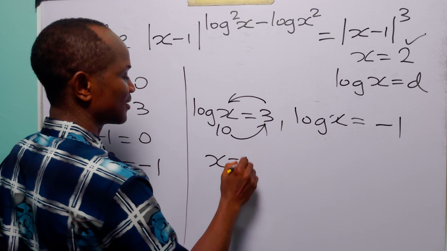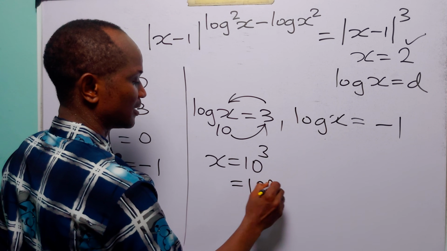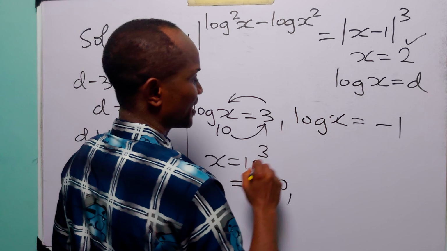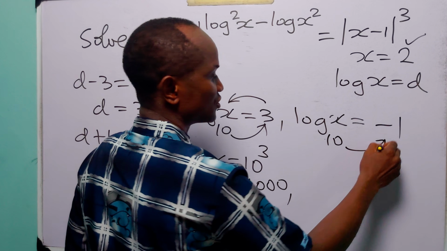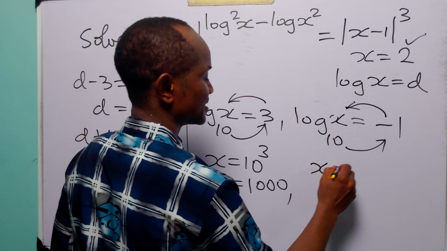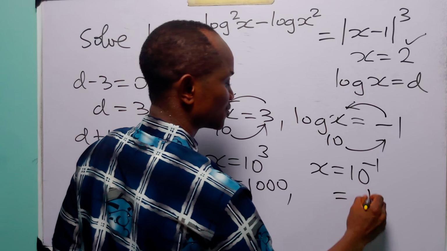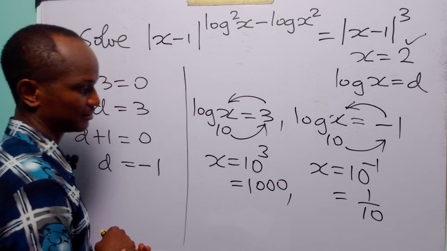So x is equal to 10 to the power 3. That is 1000. From here, we have that 10 to the power minus 1 is equal to x. So x is equal to 10 to the power minus 1. That is equal to 1 over 10.